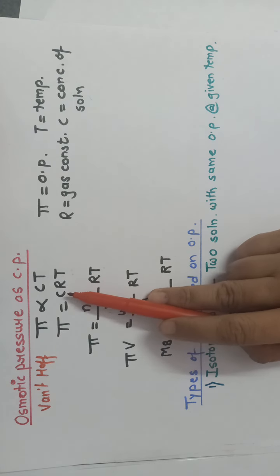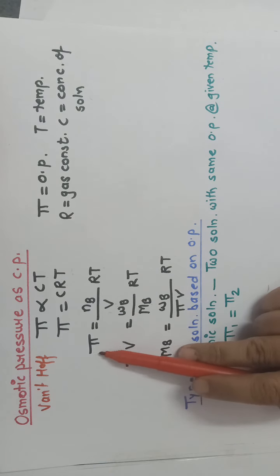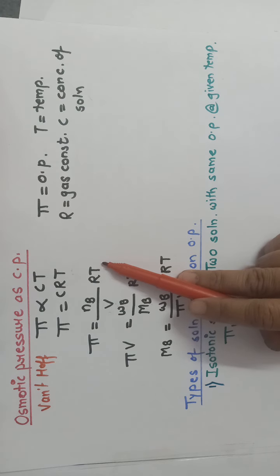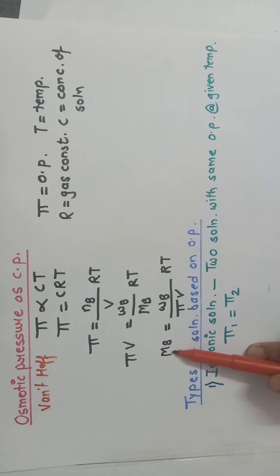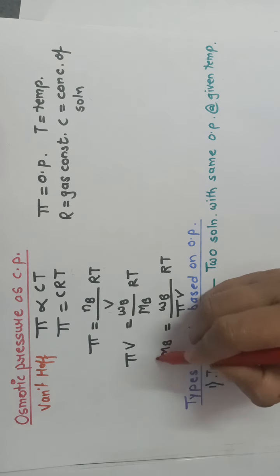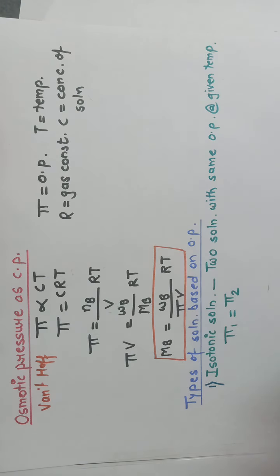Now this concentration is taken in terms of molarity, and therefore the equation changes to pi equals number of moles of solute upon volume, RT. Rearranging the equation, we get the molar mass of the solute, Mb equals Wb upon pi V RT. Based on this, you get the numericals.